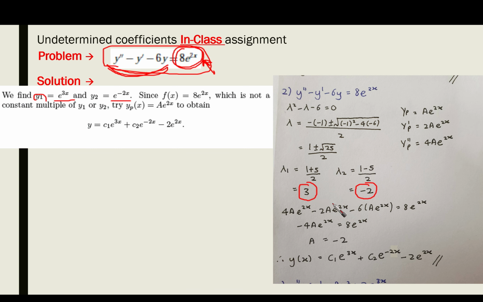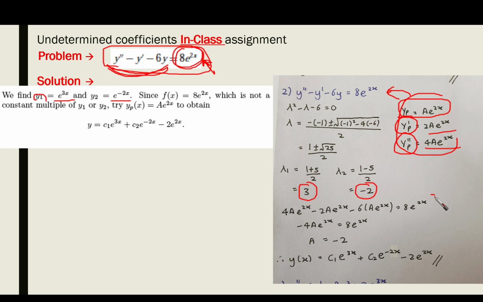Based on this, we can make our assumption for yp: a e to 2x. Then we can get y particular prime and y particular double prime, and none of them is equal to our assumption. So we can go through with this assumption.